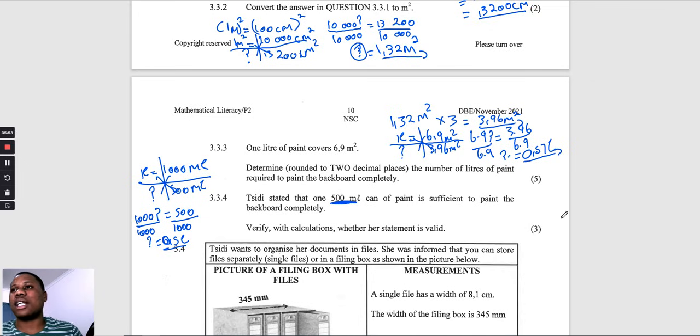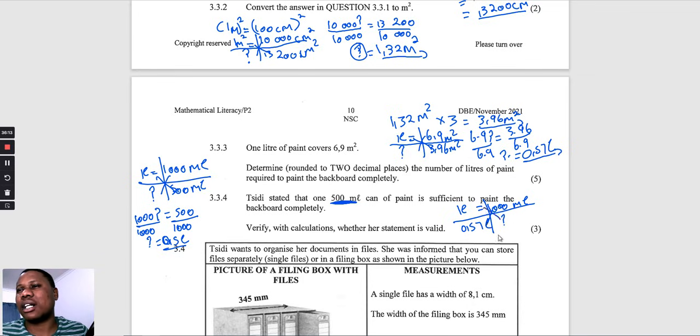Or someone can also convert this into milliliters. You will say the relationship between liters and milliliters is 1 liter equals 1000 milliliters, and then you convert 0.57 liters. This is our question mark.